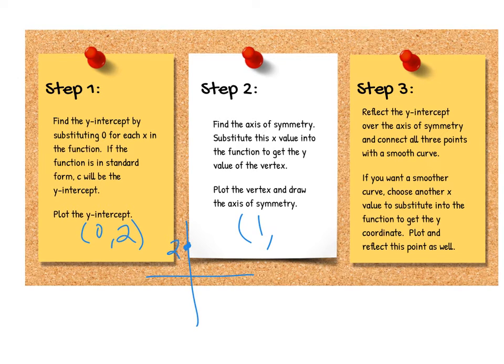And then I substitute that 1 back into my equation, and I get, say, -2. So (1, -2) here. So there's my vertex. So I know my parabola is going to come down here, and at this point it's going to head back this way. But I don't know how thick it's going to be. So that's why we need a step 3.